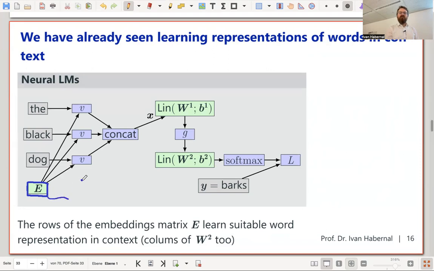So the embeddings matrix again, what's the size of the embeddings matrix? Again, the size of the vocabulary. It's your favorite answer. Good. And what is the dimensionality?